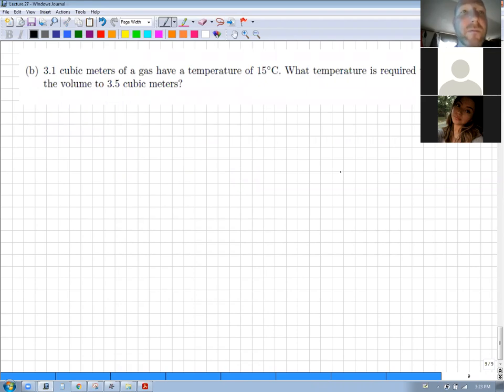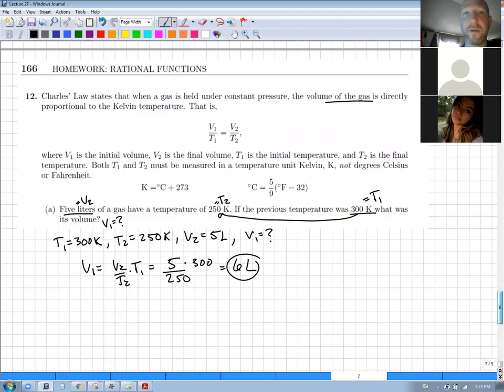So 3.1 cubic meters of a gas have a temperature of 15 degrees Celsius. What temperature is required to increase the volume to 3.5 cubic meters? So here, this is our initial volume and our initial temperature. They're asking what temperature we need to change this to in order to increase the volume to 3.5 cubic meters. So here we're solving for T2, right?